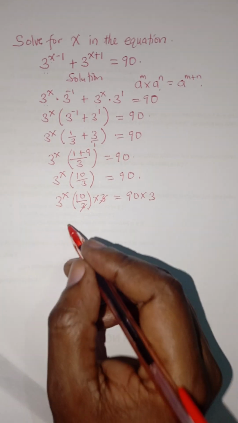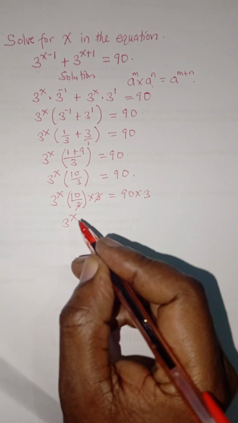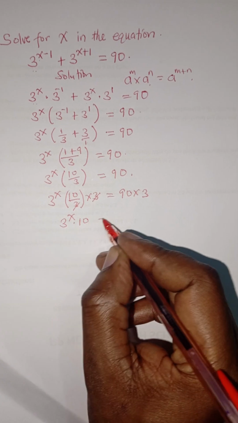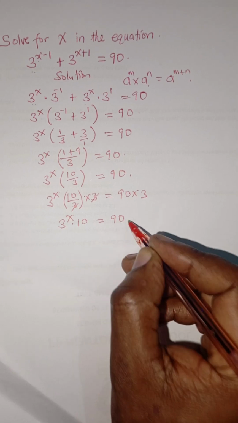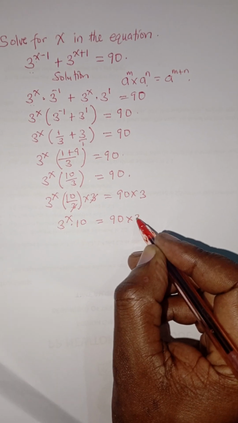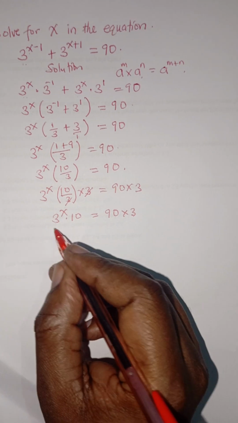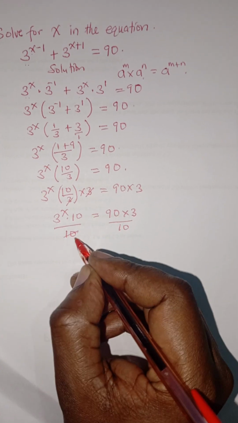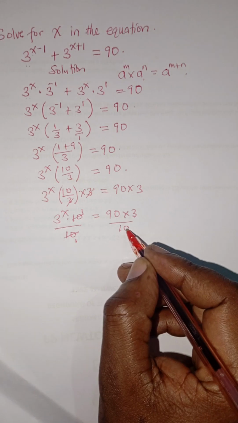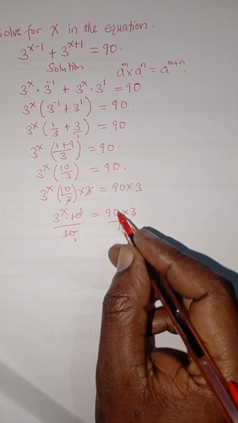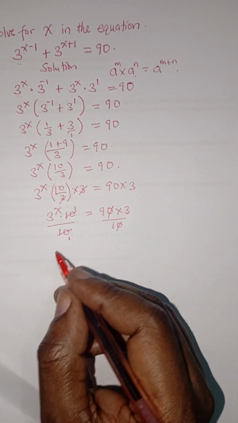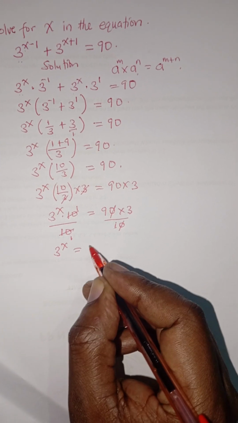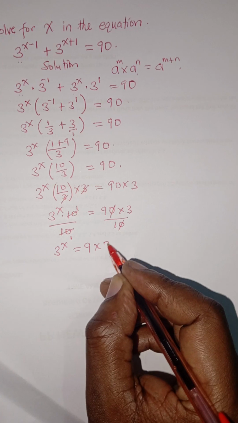What I'll be left with is 3 to power x times 10 is equal to 90 times 3. So divide both sides by 10, then this 10 will cancel, and this will also cancel. So I will be having 3 to power x is equal to 9 times 3.